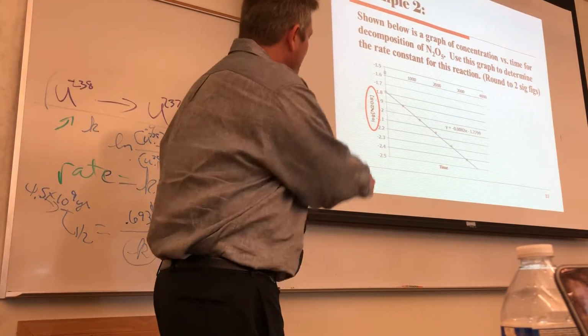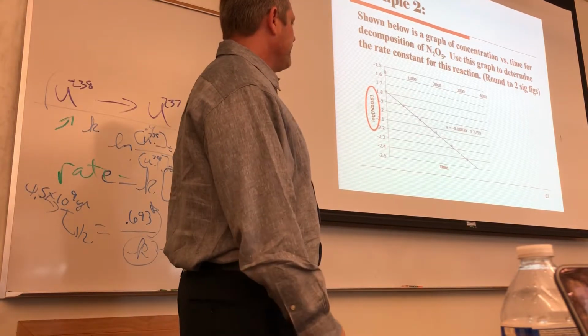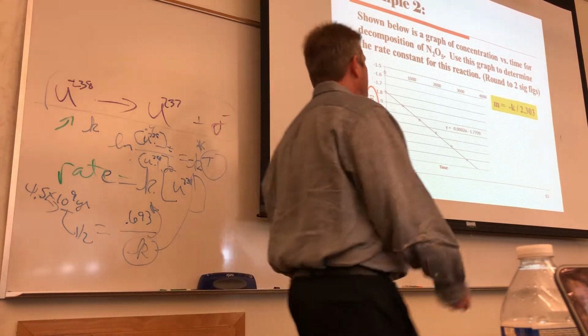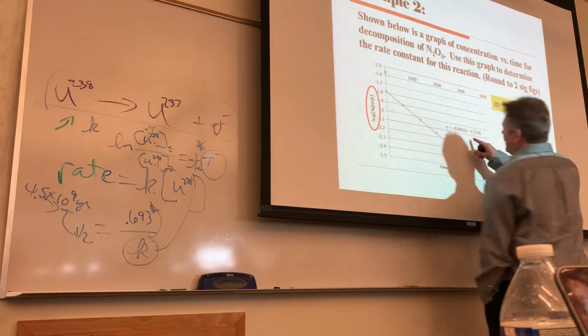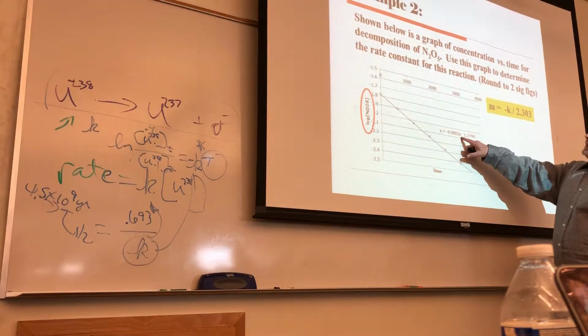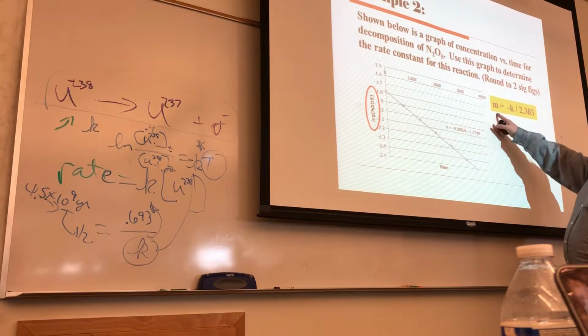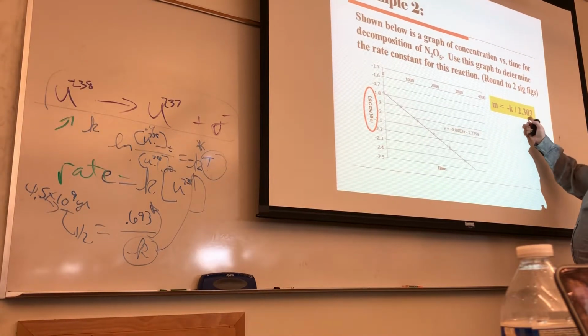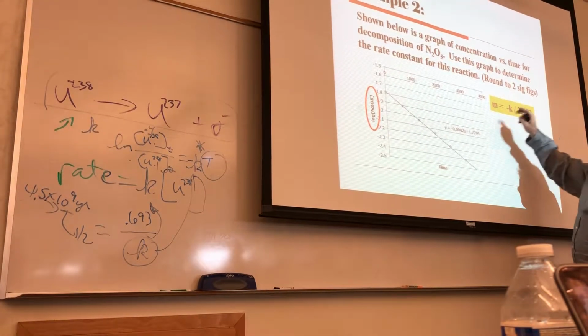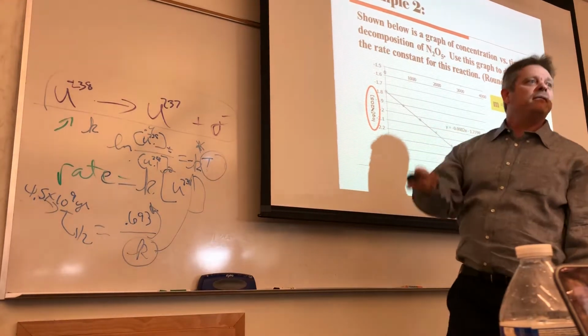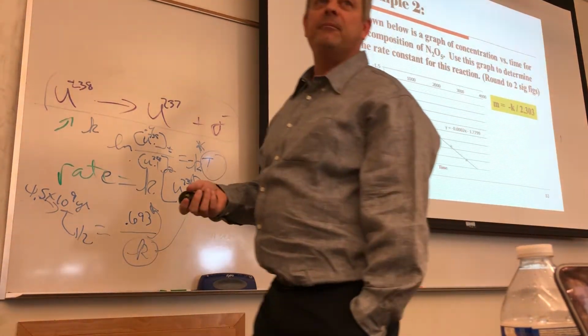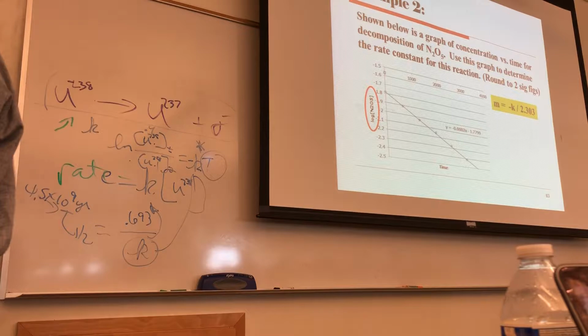So this one has to be adjusted for the natural log. The adjustment is that when I look at the slope here, the slope is now equal to negative k divided by 2.303. This is the conversion to make the log to the base 10 the natural log. That's all you need to know, nothing more than that.